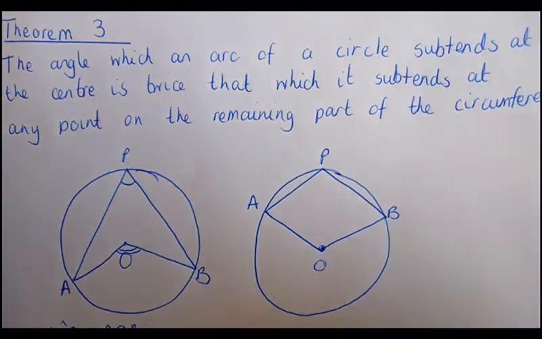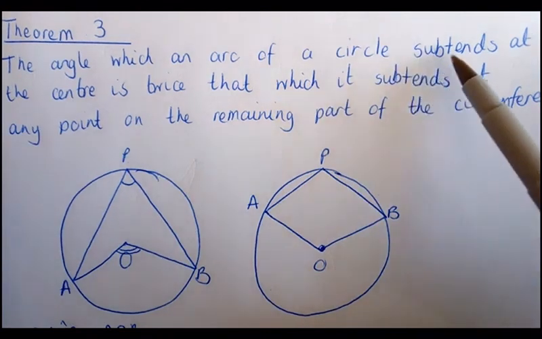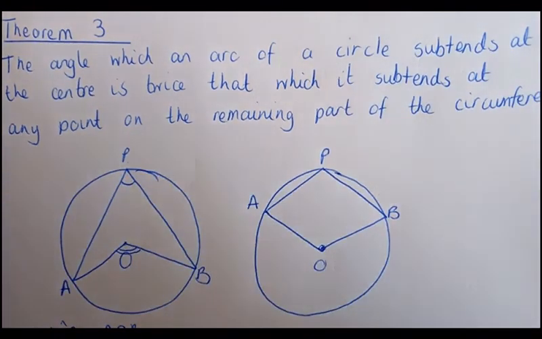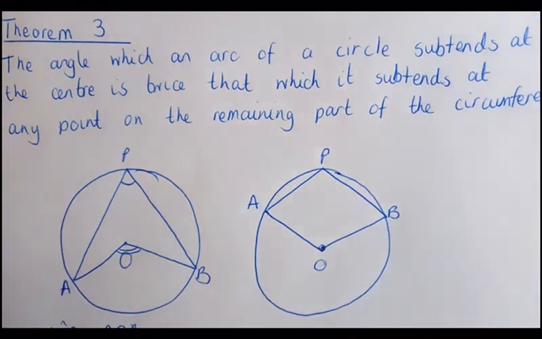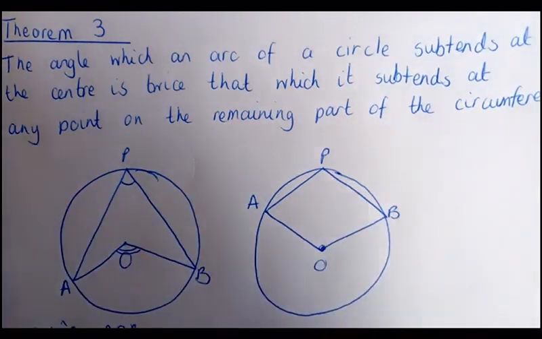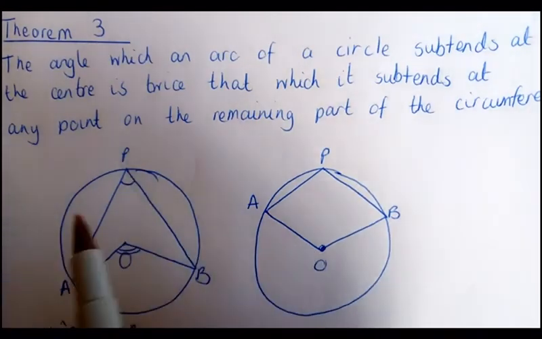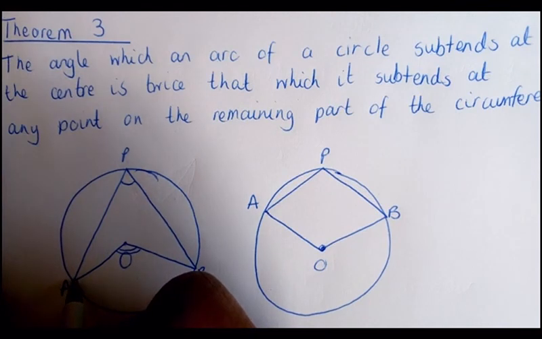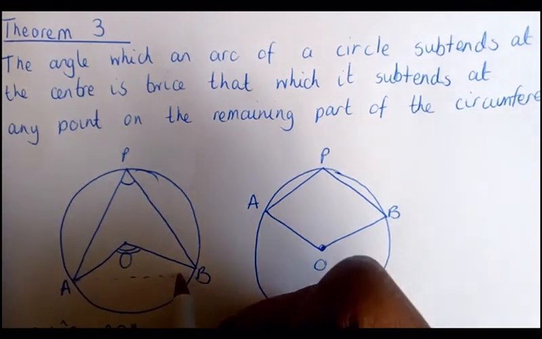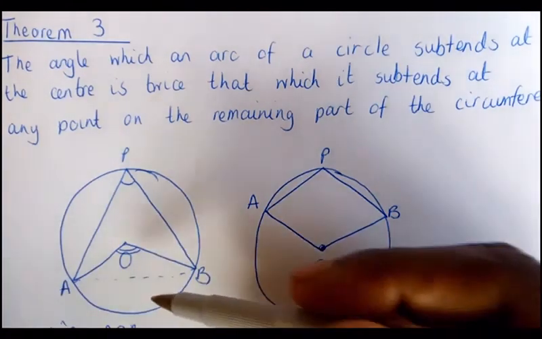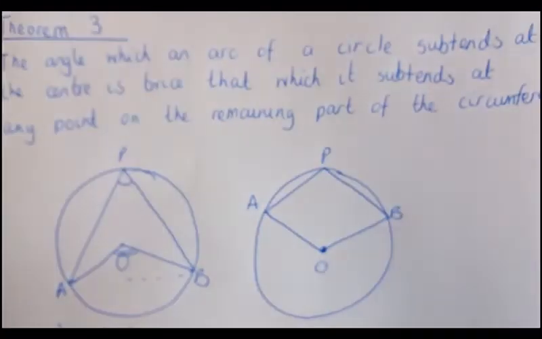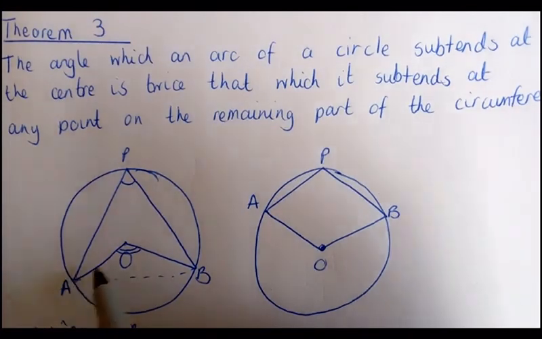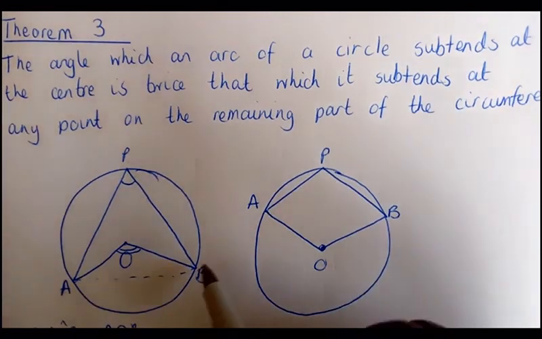Theorem number three. The angle which an arc of a circle subtends at the center is twice that which it subtends at any point on the remaining part of the circumference. In simple terms, in this circle, you can put a chord here, and these two angles are in the same segment and they are subtended by the arc AB.